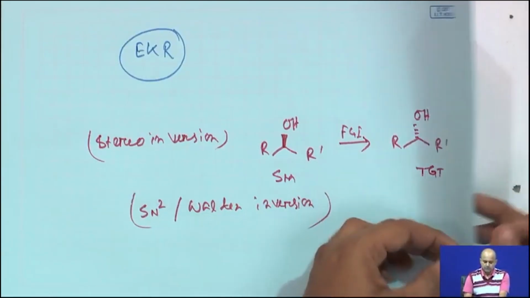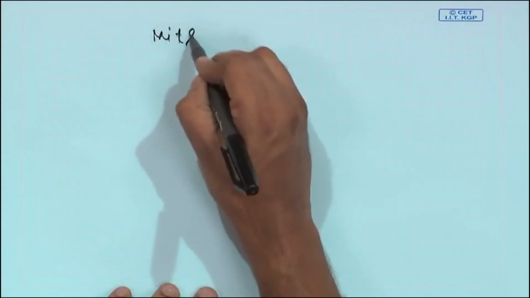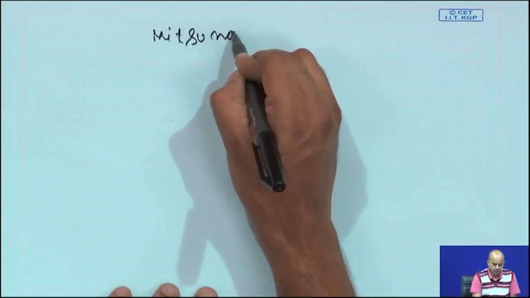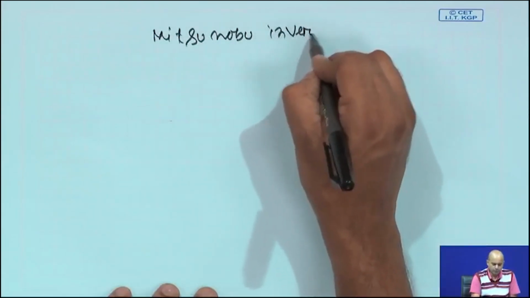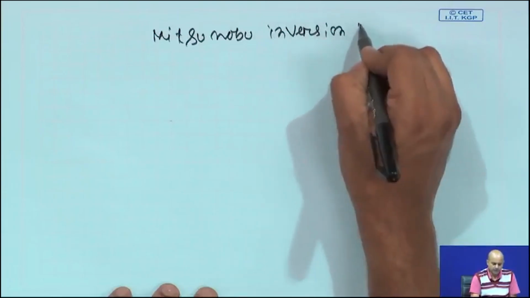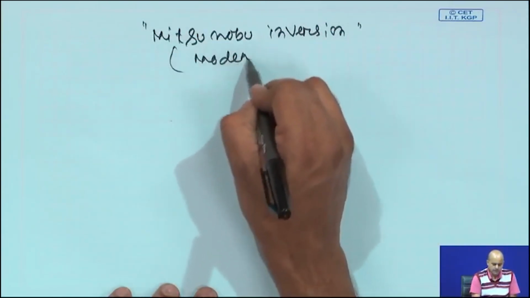Now, let us talk about a similar kind of reaction which probably we have not heard about, or if you know it, you can still have more information. We are talking about a reaction which is named the Mitsunobu inversion. It is a named reaction. It is called a modern SN2 reaction.